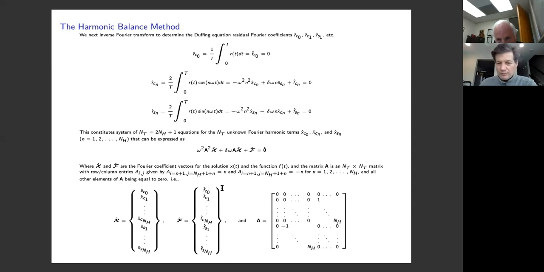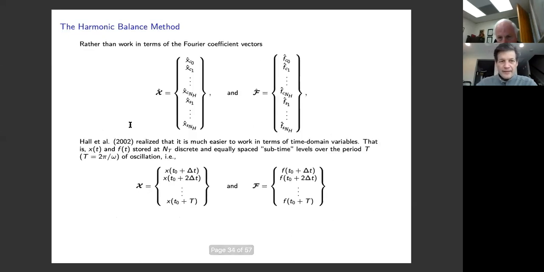And this is where Professor Hall had the clever observation that instead of dealing with the solution in terms of these Fourier coefficients, we can deal with the solution in terms of subtime levels. Okay?